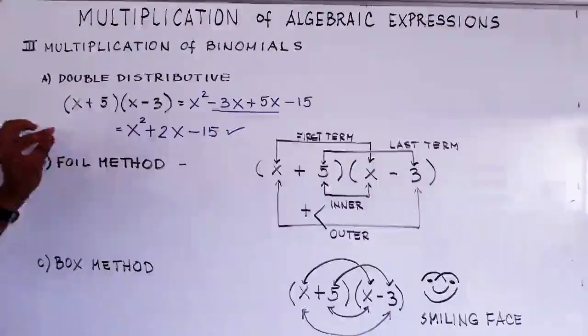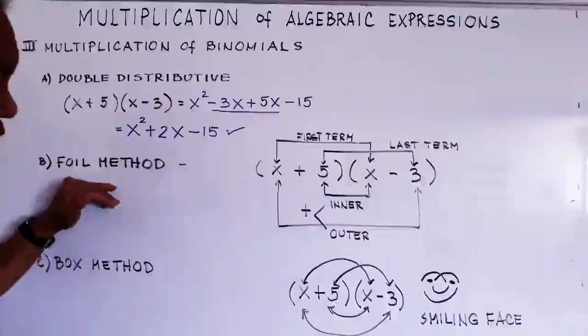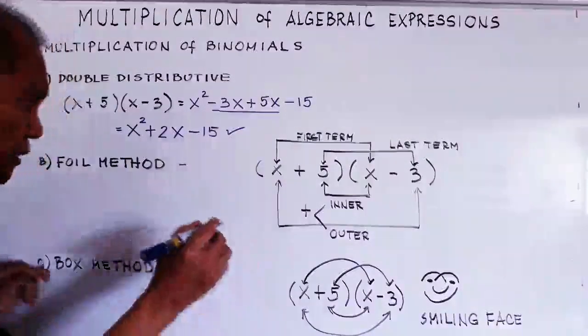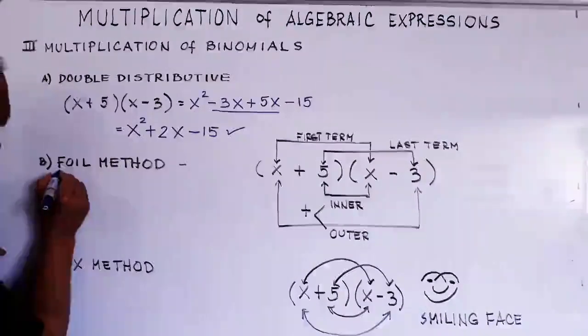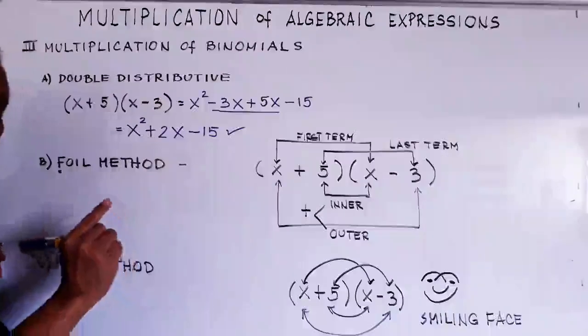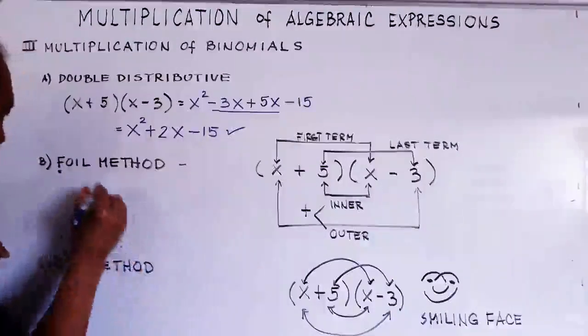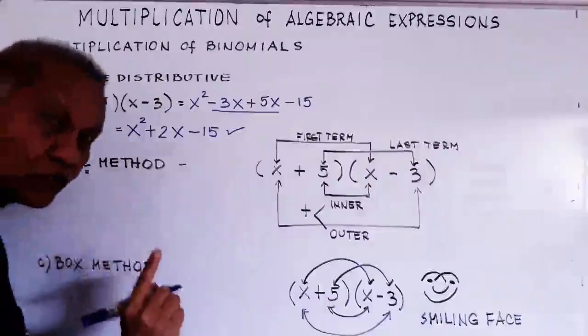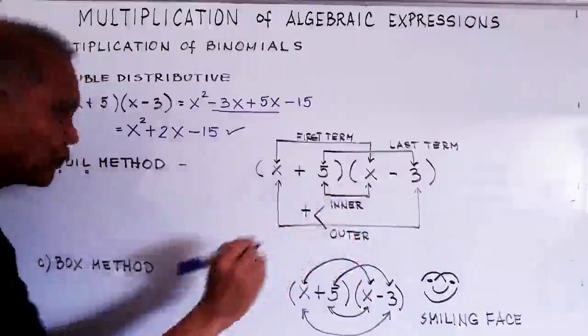Okay, let's have the FOIL method. Why do we call it the FOIL method? The F here stands for the first term. It means first term times first term. What is L here? It means the last term times the last term.